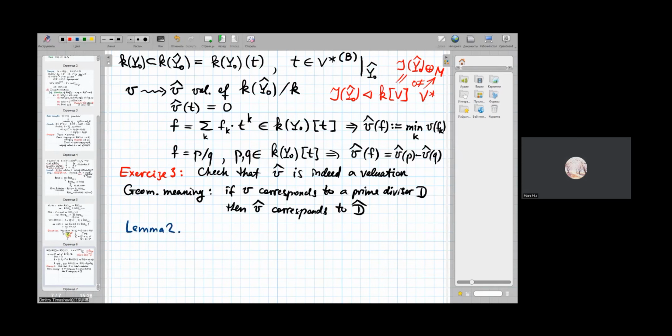Which says that actually any valuation V, not necessarily G invariant, of the function field of X over k, over constants, can be approximated by a G invariant valuation.